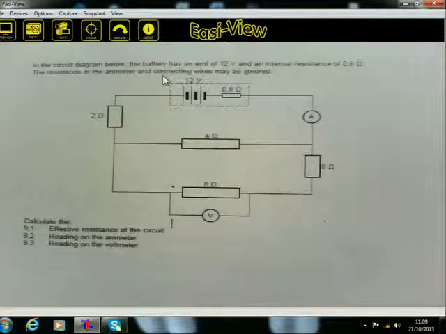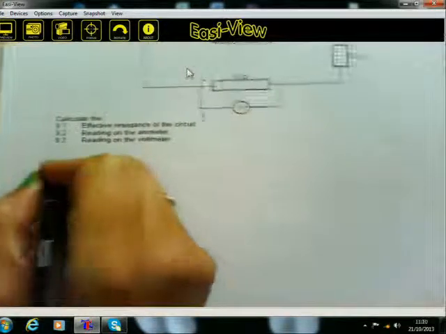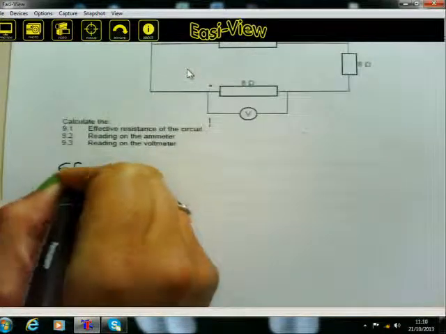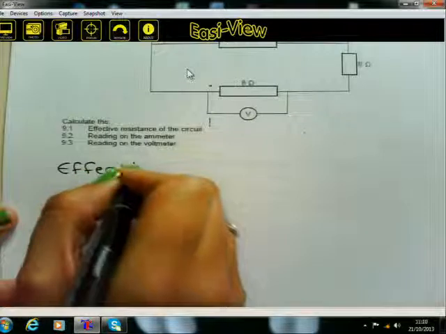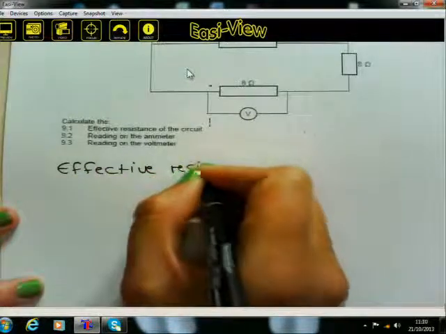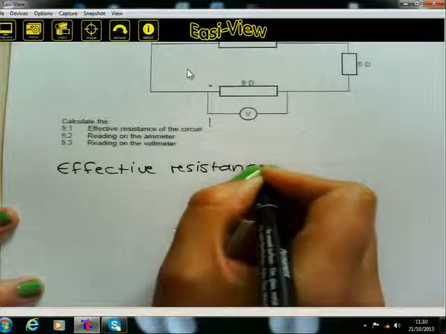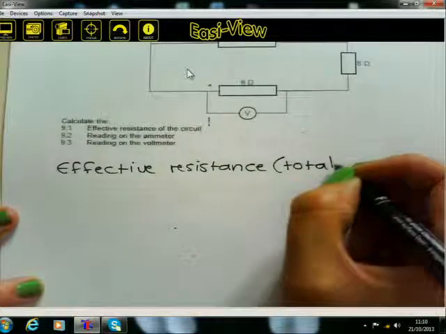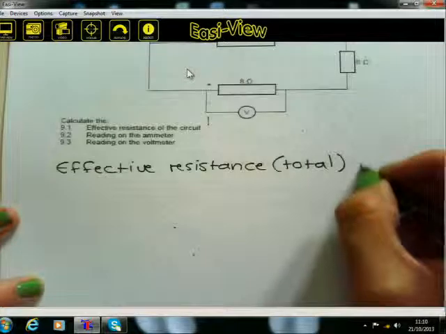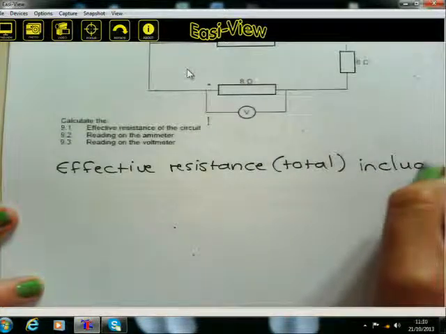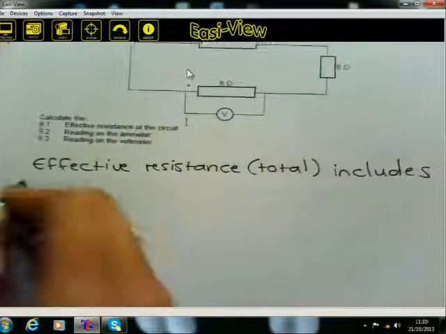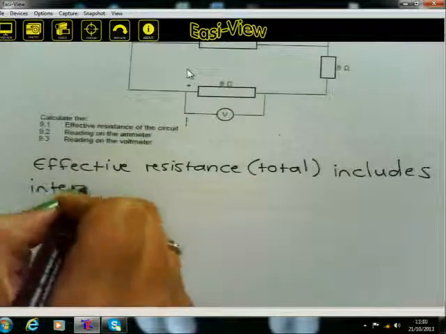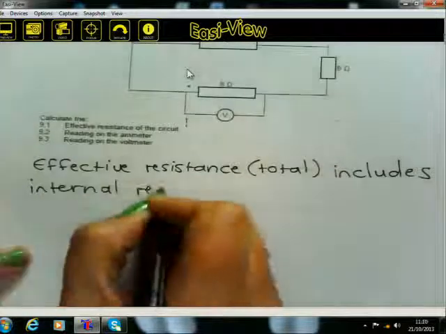And another thing that you must please write down is: the total effective resistance includes internal resistance.